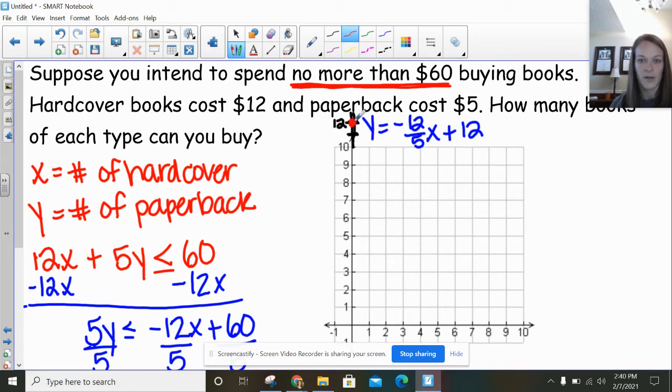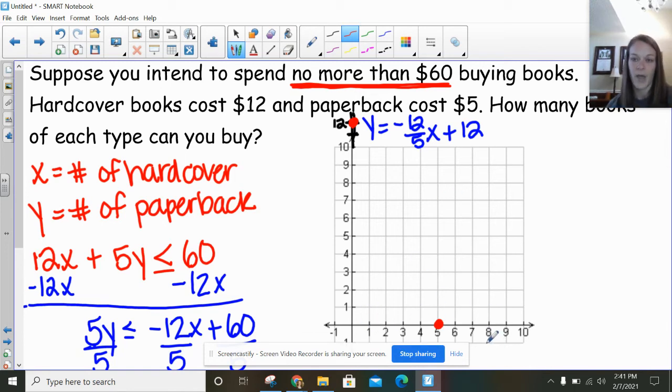So I'm going to start here at 12, and then I have to go down 12 and to the right 5 since it's negative. So if I'm at 12 and I got to go down 12, I'm going to be all the way at 0. And then I go over 1, 2, 3, 4, 5. So there's 2 dots.